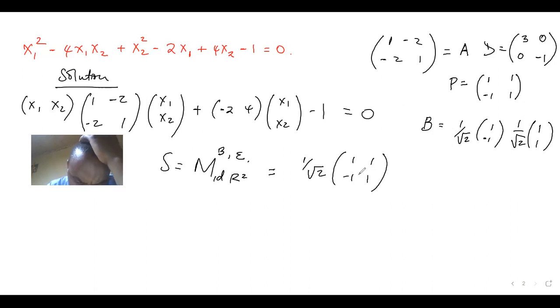So you just let X be equal to S times Y. I don't really know why they're changing coordinates. I think it's just a method.